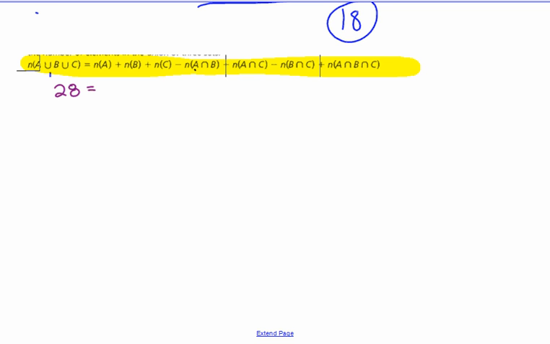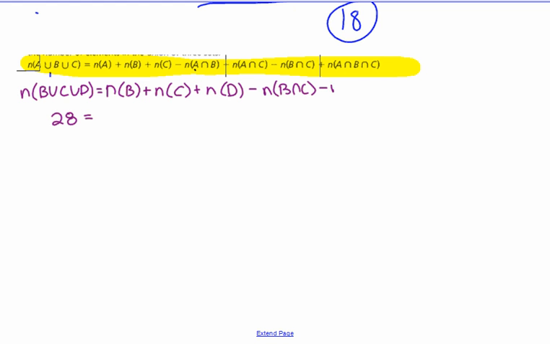Equals how many total people had... I'll rewrite the formula. So the number of birds or cats or dogs equals the number of people who have a bird plus the number of people who have a cat, plus the number of people who have a dog, minus, because we've added the extra intersections, the number who have a bird and cat, take away the number of a bird and dog, and take away the number of a cat and dog.